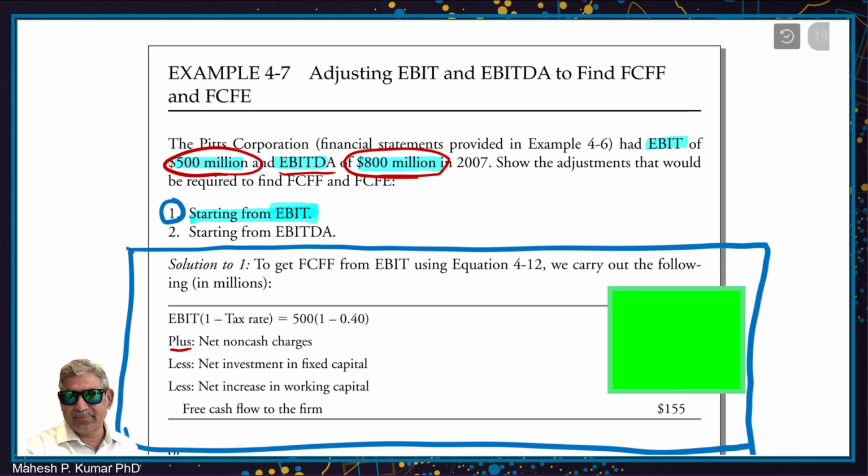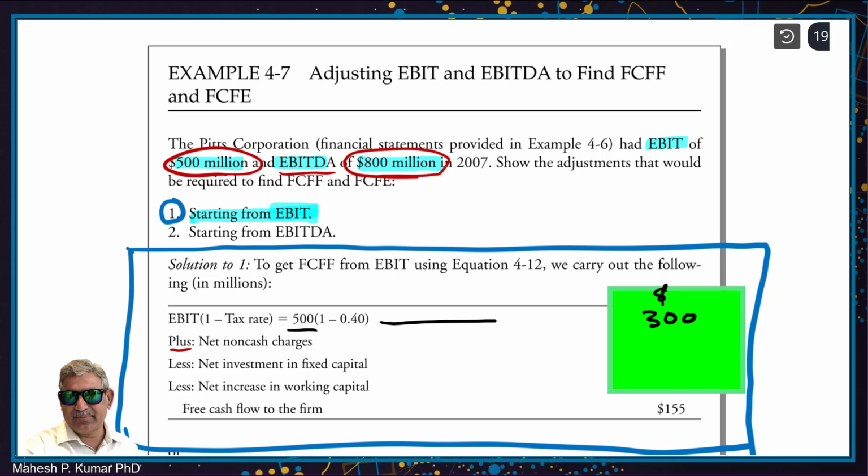When we start with EBIT, which is $500 million, we will multiply it by 1 minus the tax rate. In this scenario the tax rate is 40%, so we do 1 minus 0.40, so 500 times 0.60 gives us $300 million, so we will write this number here.